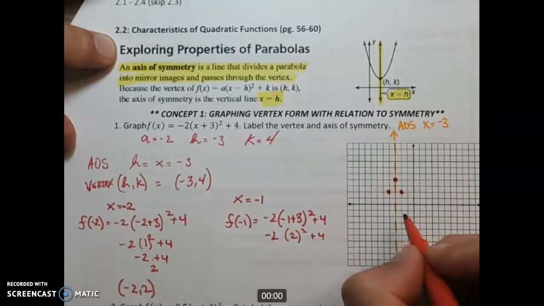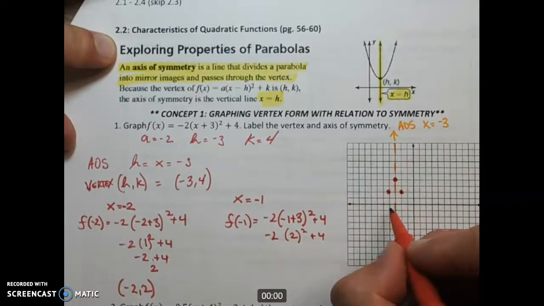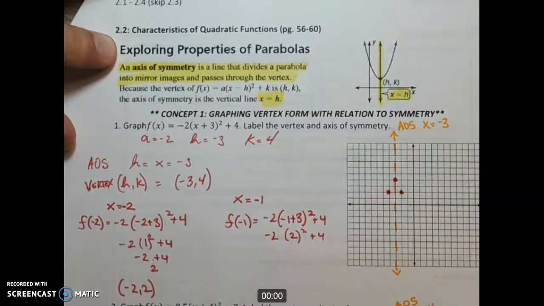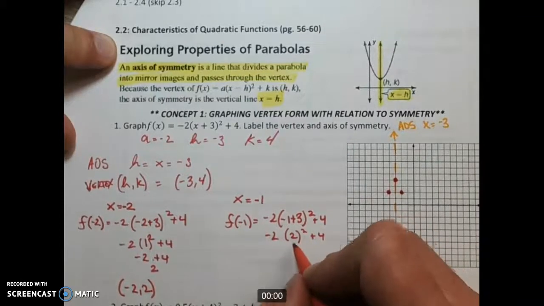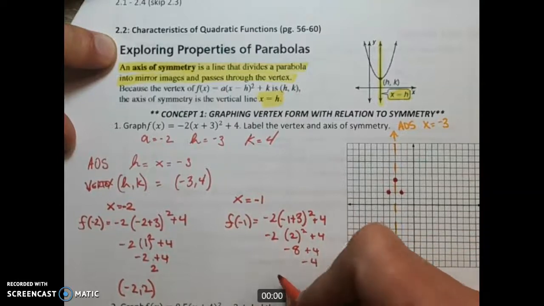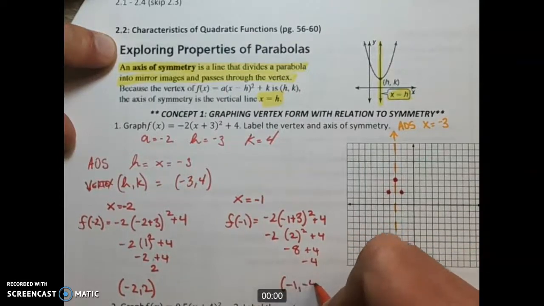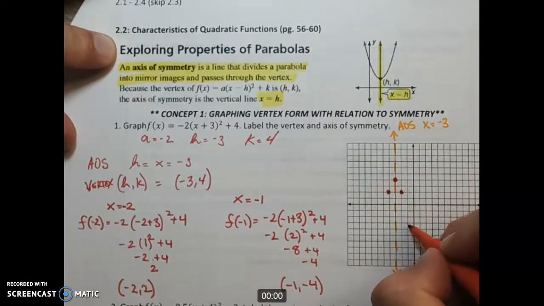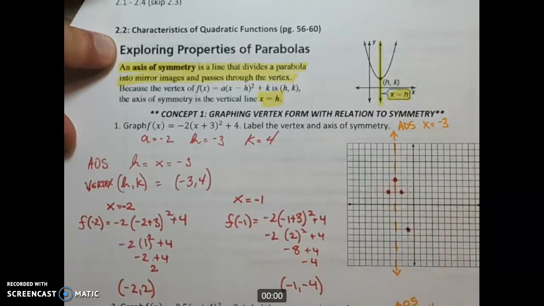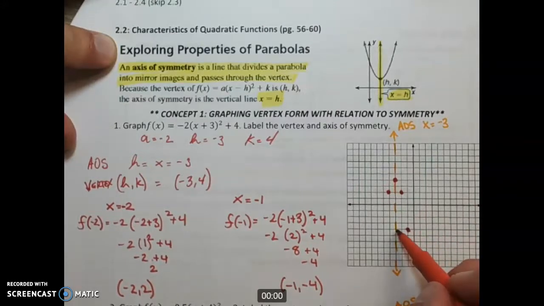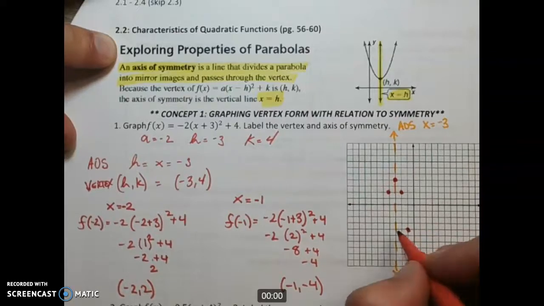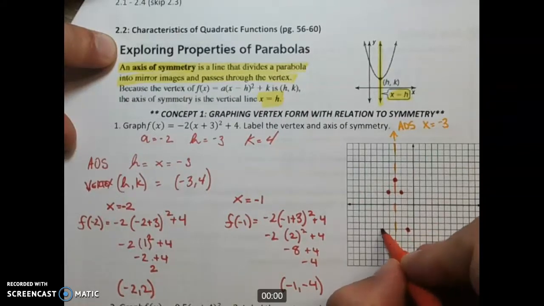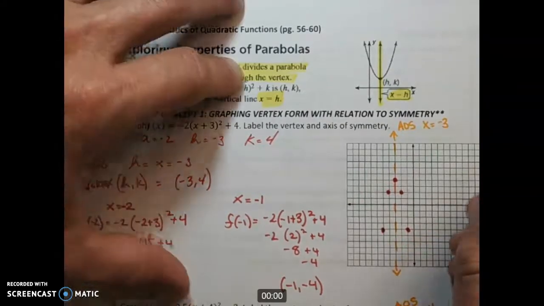Again, if I go 2 to the right of it, I'm going to get 2 in my parentheses. So 2 squared is 4, times negative 2 is negative 8 plus 4, and that's negative 4. So I have negative 1, negative 4 as my point. So 1 to the left, down 1, 2, 3, 4. Plot that point right there. It's 2 to the right of the axis of symmetry, so I just go 2 to the left, I mirror it, and voila, I am done.